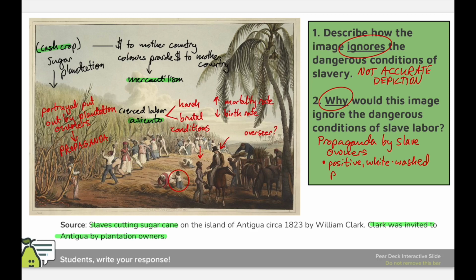So we know that slavery was incredibly cruel and inhumane, but that's not being reflected in this image, is it? So you have to answer the question of why?